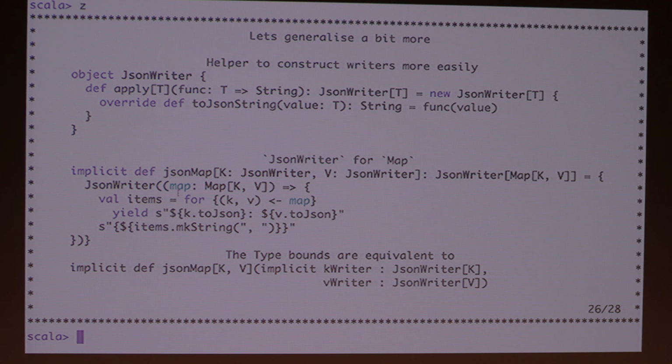In the implementation, I just loop over the values in the map because of the implicit class we defined earlier, and because these k and v are also available, there are also JSON writers available for them. We can actually call these toJSON on them for the key and the value, and we just join them and put some parentheses around them.